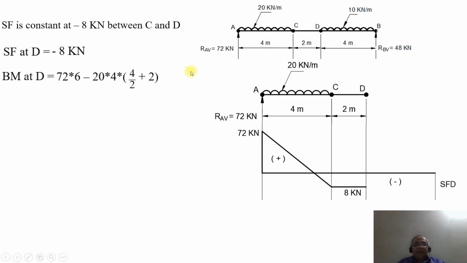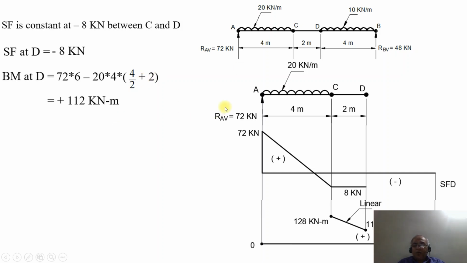On simplification, you will get plus 112 kilonewton meter. Once you get this, we need to plot. From C to D, there will be a slight decrease in the bending moment, so it becomes a linear curve.